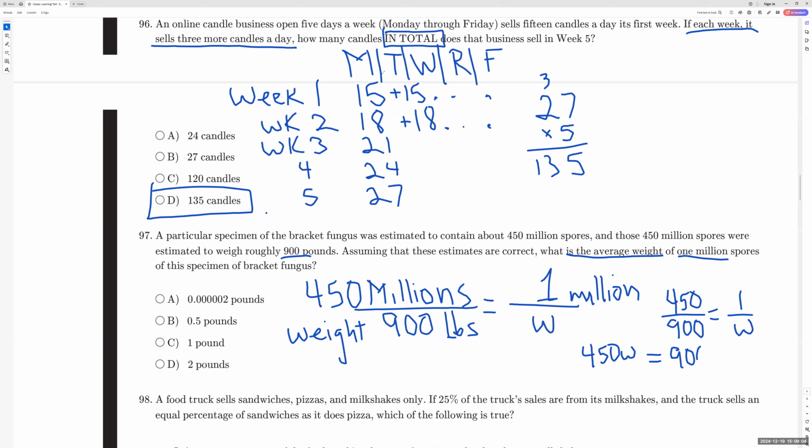Now let's divide both by 450. And W is equal to 2, because 2 times 450 is 900. So 2 pounds, right? We were looking for weight. All the answers say pounds, so we did it right.